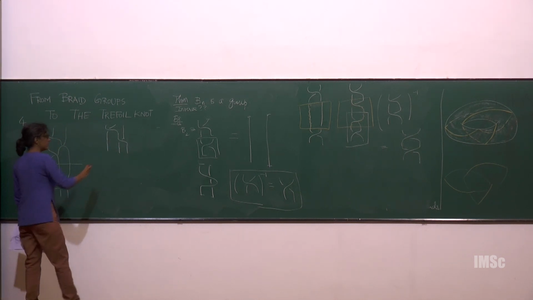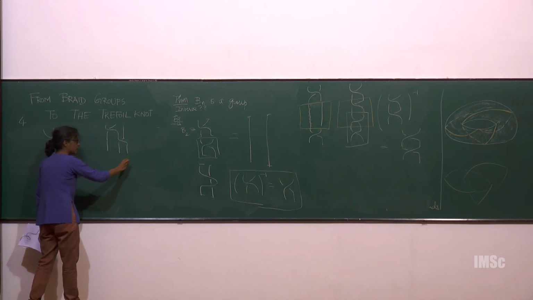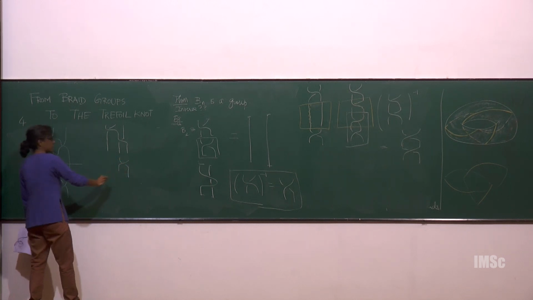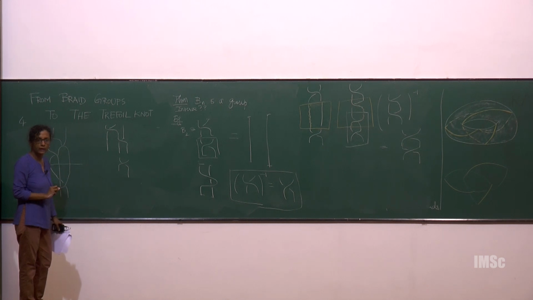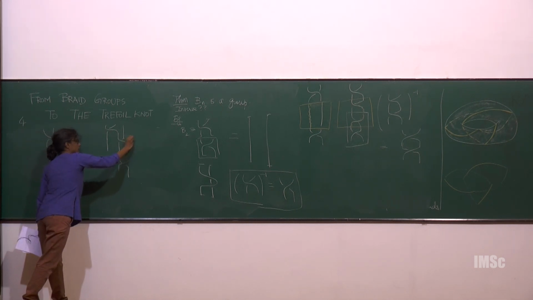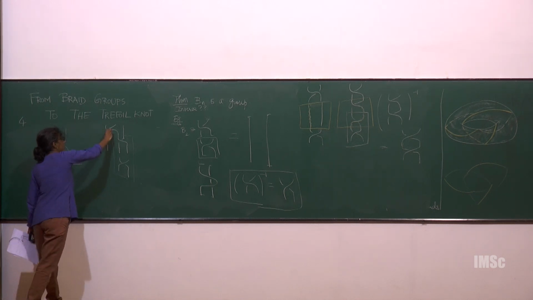When I'm trying to find its inverse, first I will invert the last crossing. So if I combine this and this, it will become a trivial knot. Like these two together are a trivial knot. So now I have to undo this guy.